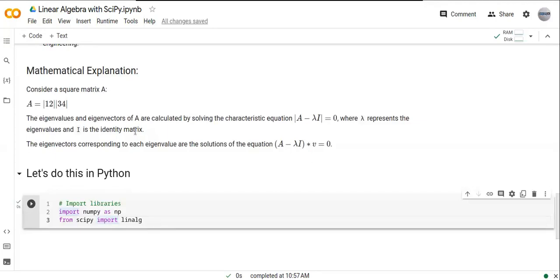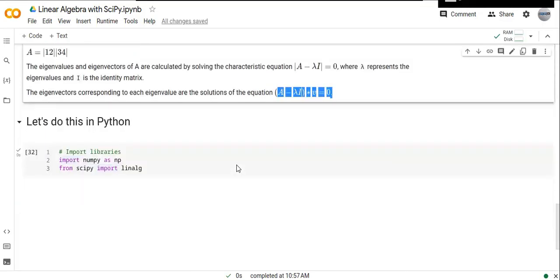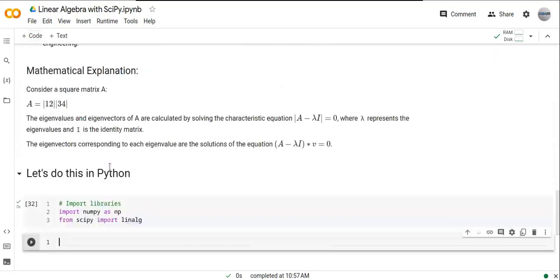So let's consider this matrix A. The eigenvalues and eigenvectors of matrix A are calculated by solving the characteristic equation, where lambda represents the eigenvalues and I is the identity matrix. The eigenvectors corresponding to each eigenvalue are the solution of this equation. How can we do this in Python? Let me show you how you can solve the given matrix.